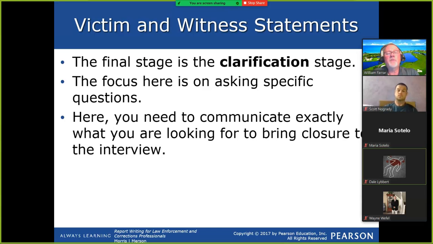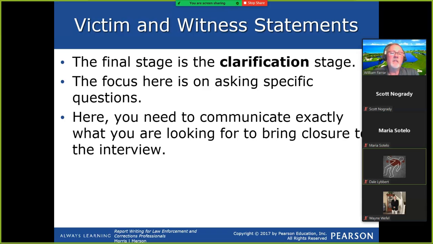Your final stage in the interview process, as you're taking notes, is the clarification stage. This is where you start to ask very specific questions. In this stage, you need to communicate exactly what you're looking for in order to finish up your interview. If you need to get very direct, you can do that.